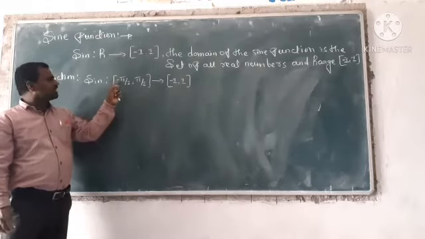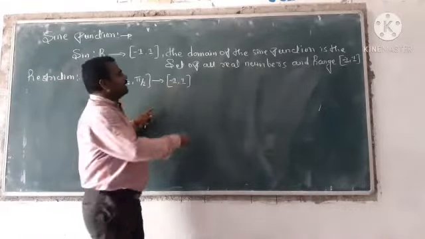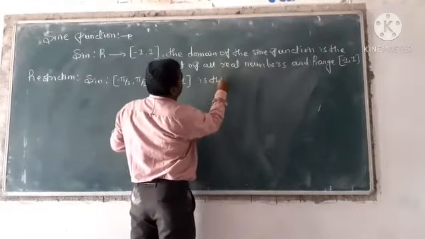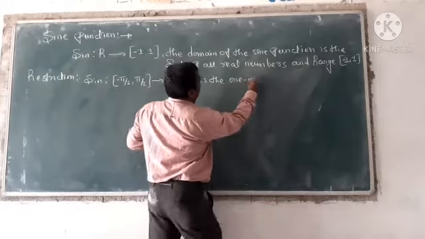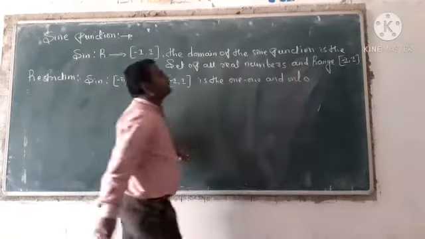I define it on minus pi by 2 to pi by 2, then only it is one-one and onto.